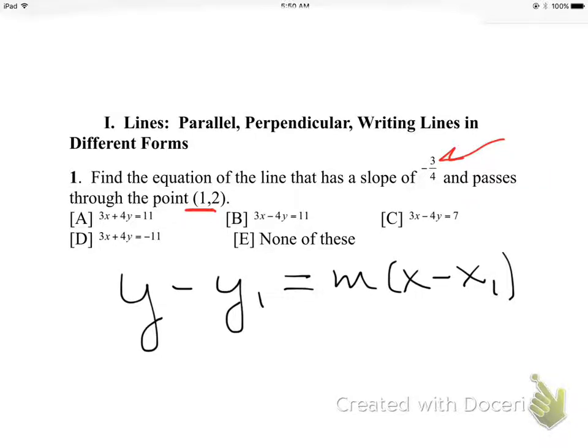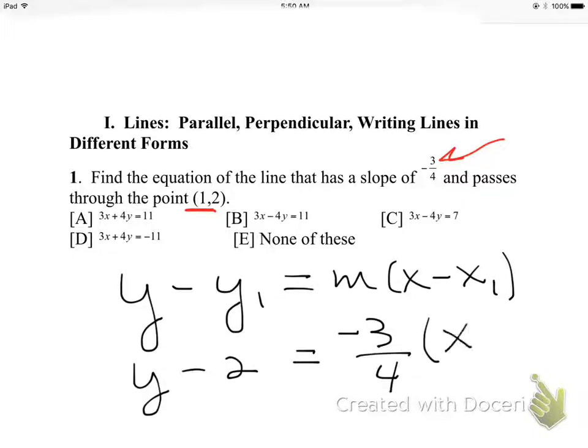Plugging in the y1 of 2, so far I get y minus 2 equals, they told me the slope is negative 3/4, and then the x is a positive 1. So that's my foundational equation. Now I'm going to need to manipulate this so that I can identify which of the equations above match it.